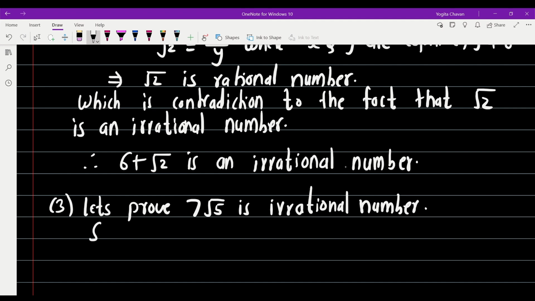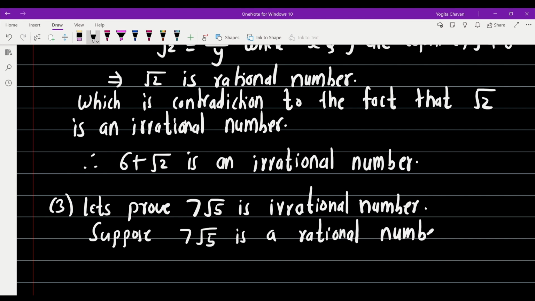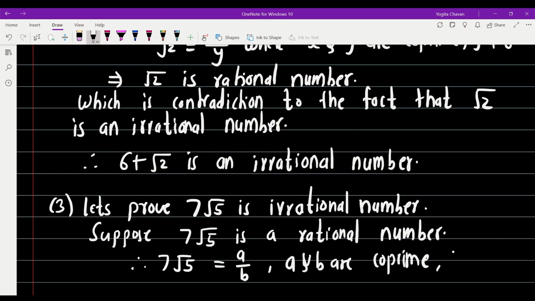So suppose 7 into root 5 is a rational number. So by definition of a rational number, 7 into root 5 is equal to a by b, where a and b are co-prime, and moreover b is not equal to 0.